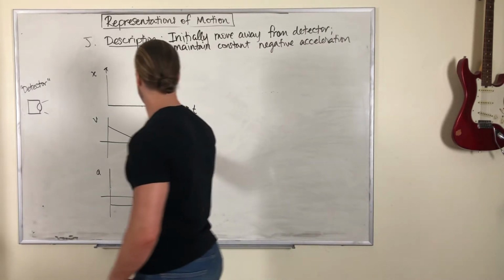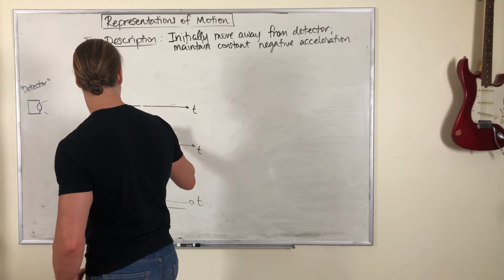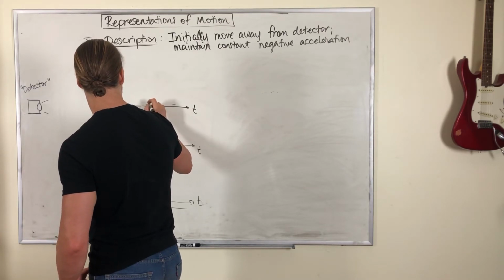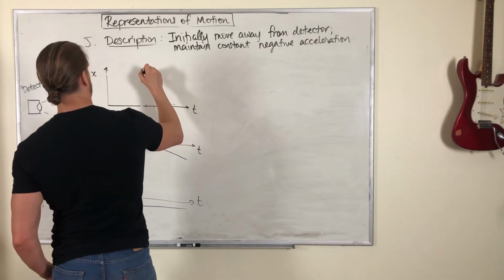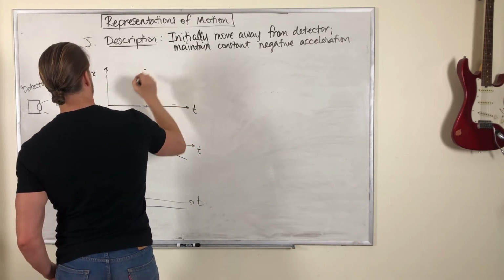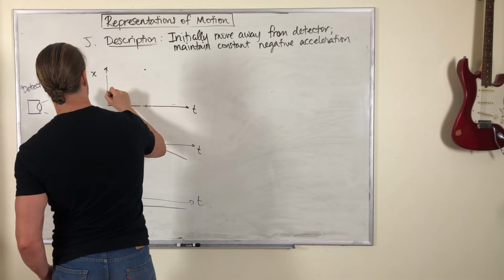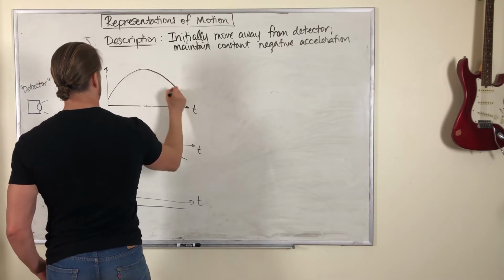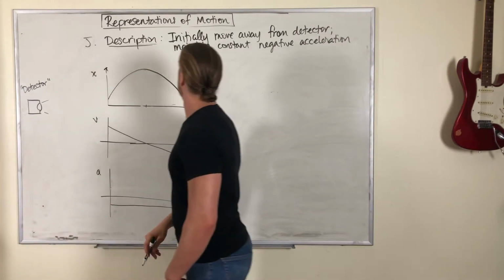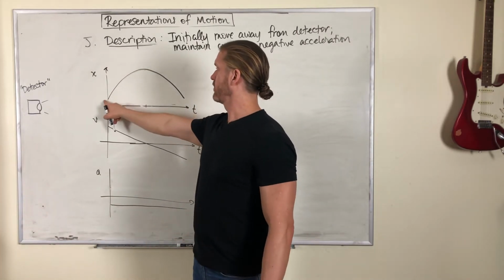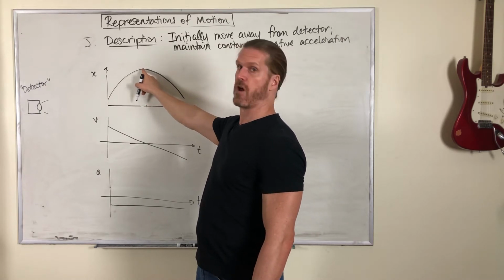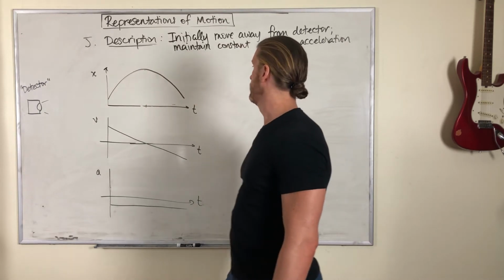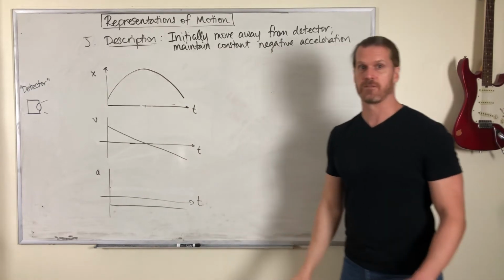And the way that might look on the graph is that it's an upside down parabola. You start close to the detector, you move away with decreasing speed, come to a stop, and then move toward the detector with increasing speed.